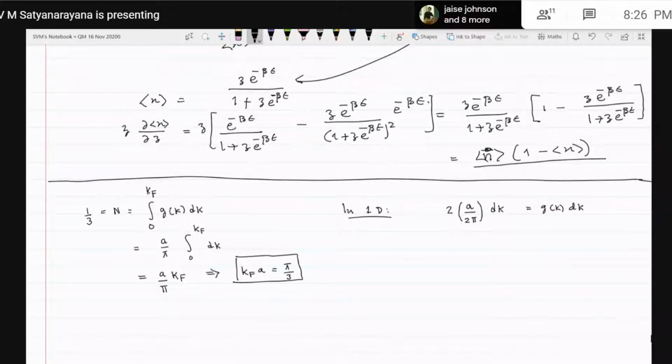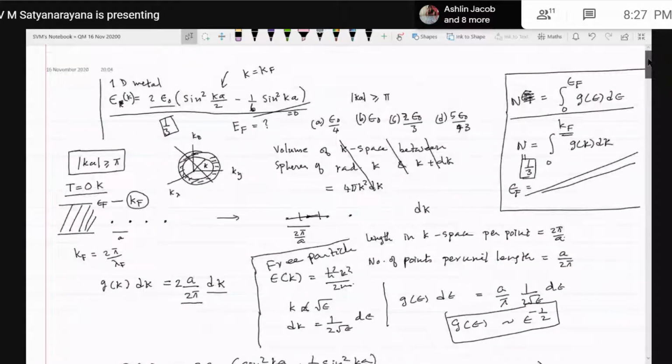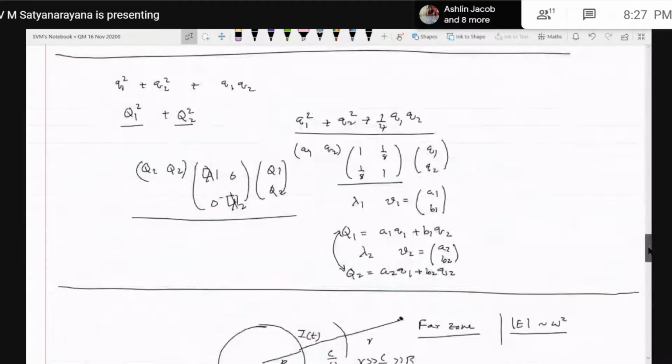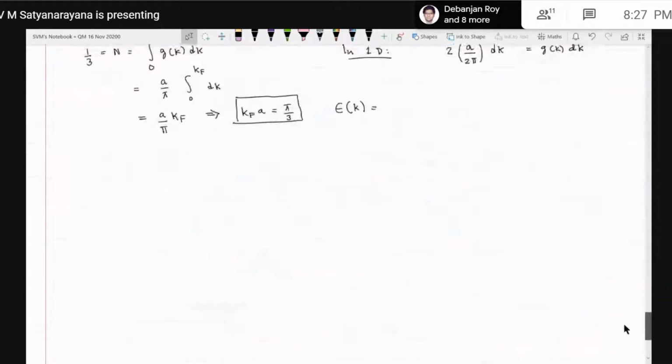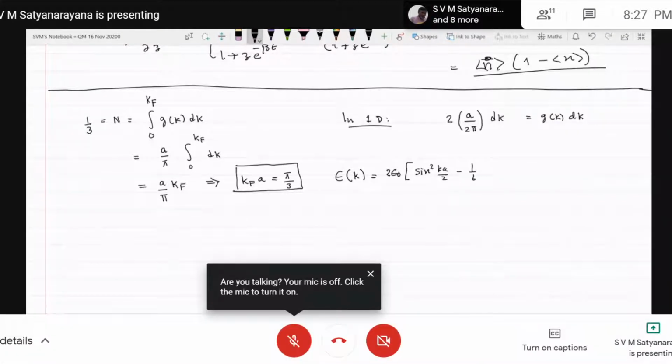Okay, so now once you have this, you know this dispersion relation, epsilon of k. I think we have this in terms of sine squares and cos squares. Sir, I will tell you, sir. 2 epsilon naught within brackets sine square k a by 2 minus 1 by 6 sine square k a.